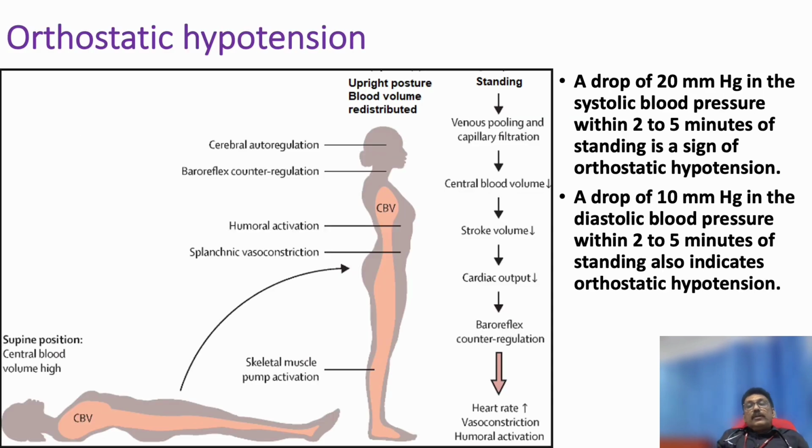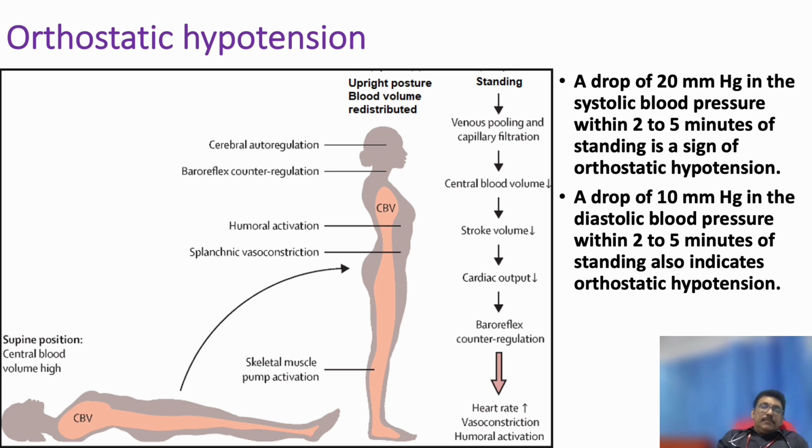Now, orthostatic hypotension is one of the most common causes of syncope, whether it is due to reduced volume in the intravascular compartment, reduced cardiac output, or reduced resistance in the vascular tone. All these things can produce orthostatic hypotension. By definition, orthostatic hypotension means that on standing after 3 minutes, if the systolic BP falls more than 20 millimeter of mercury and the diastolic BP falls more than 10 millimeter of mercury, you can make a diagnosis of orthostatic hypotension.